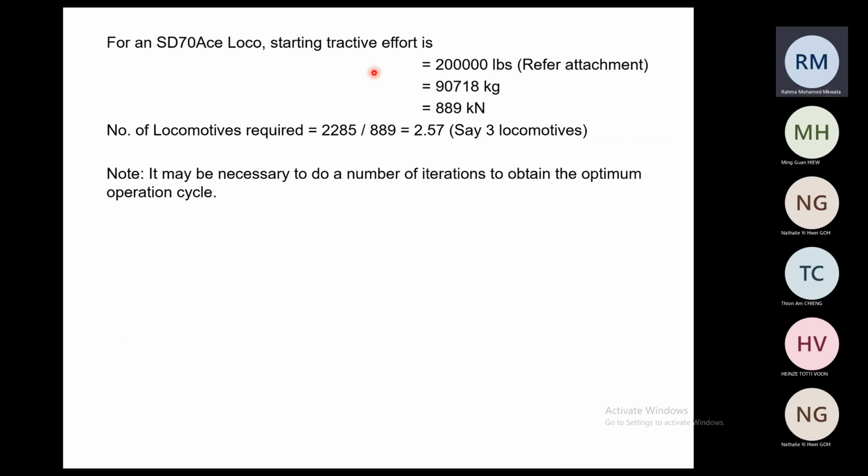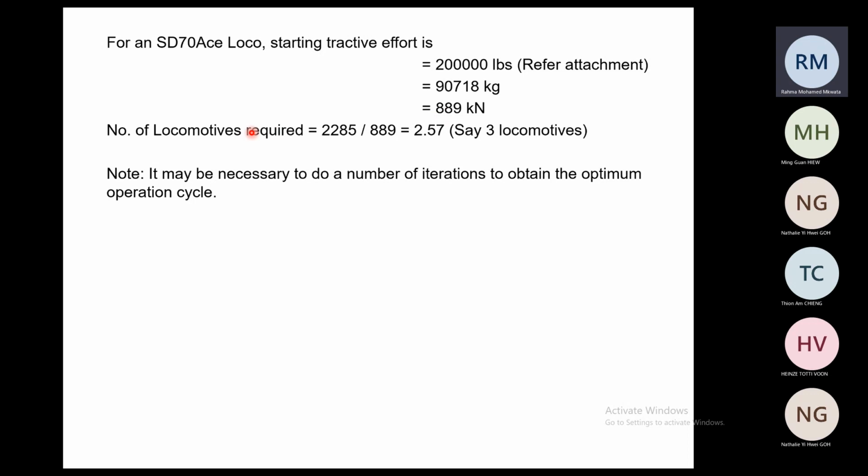For this model, the starting tractive force from the attachment we referred to was 200,000 pounds. If you convert that to kg, it will be 90,718 kilogram. And if you convert that into kilonewton, it will be 889 kilonewton.